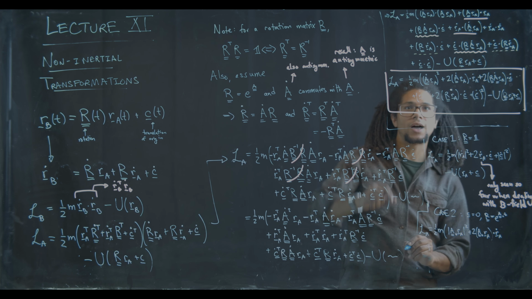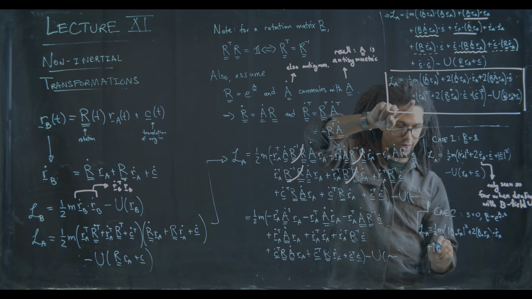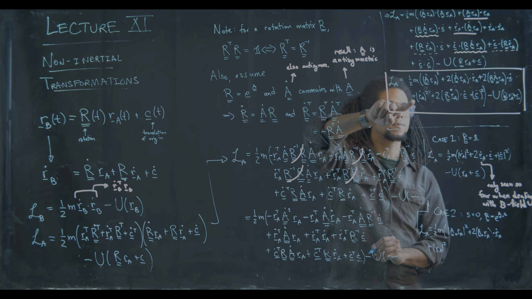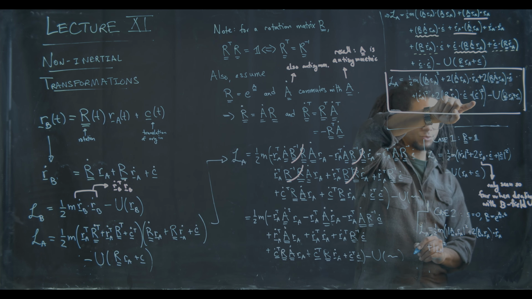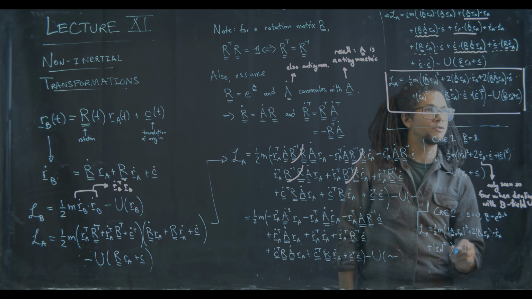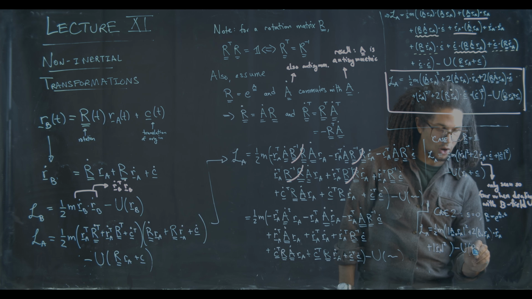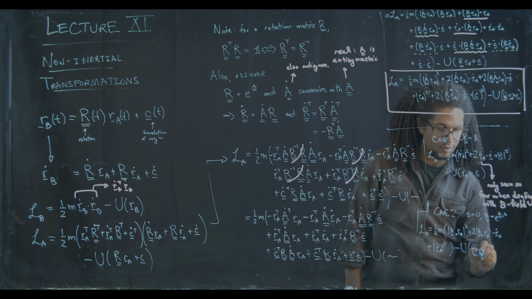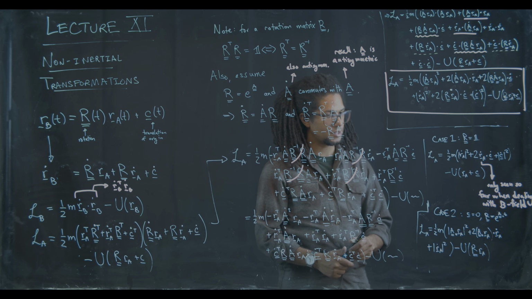Then we have plus RA dot squared. Okay. Then these last two terms are 0 because C is 0. And then we have minus U of, well, now that's just R of R times RA, I should say. Great.